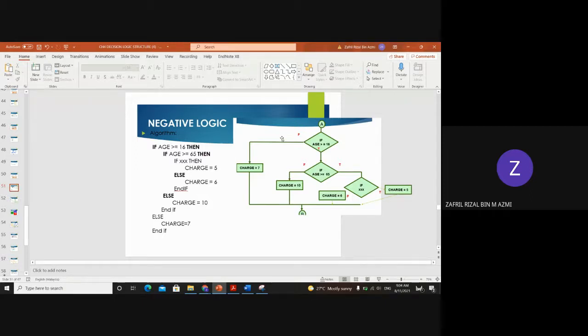So you cannot avoid, right? So you need to use it. So you need to know how, but if you may avoid, please avoid. Okay, so this is negative logic structure. Okay, how to write it? Okay, clear? Any question before we move on to the nested?